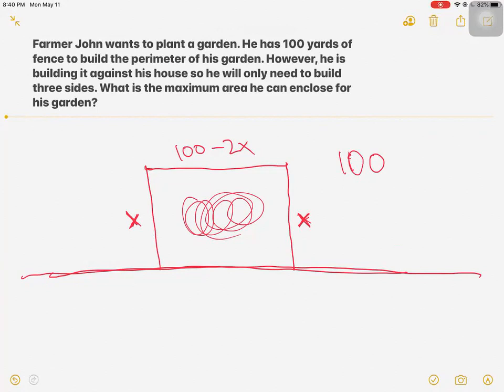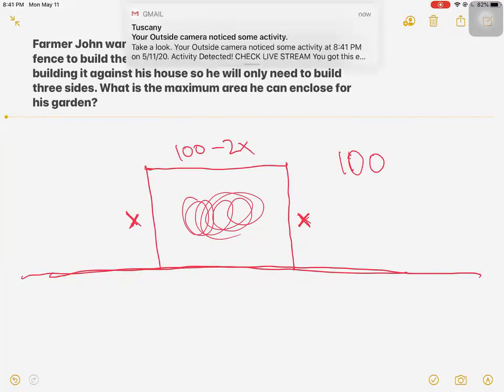Okay, is everyone ready to go over this one? Okay, I think that's enough time, so I'll start going over the solution to this question.